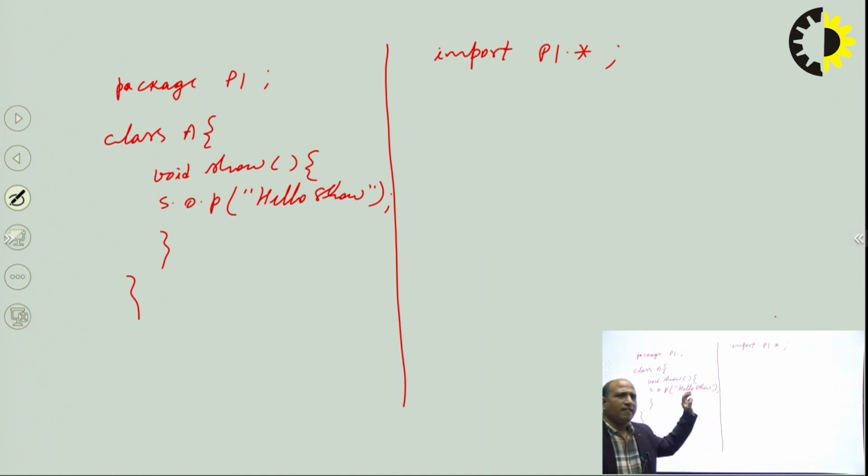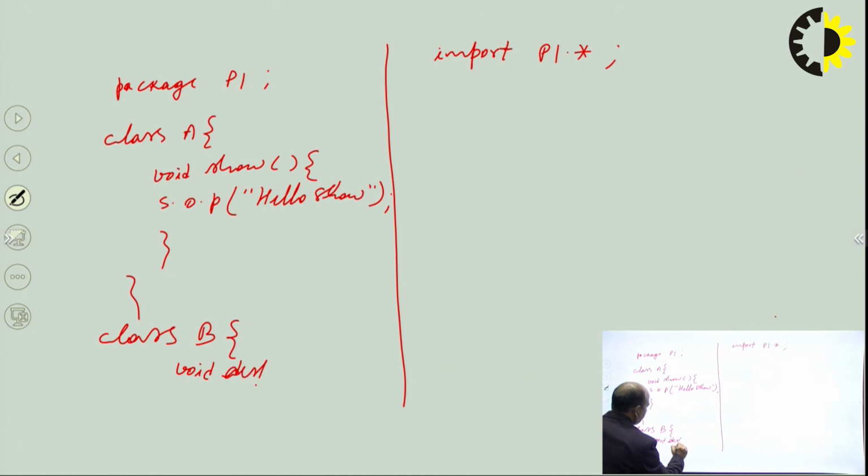And if I explicitly want only some of the members of the package to be imported, let's say this package has another class also. I have another class B in this package, and in this class B there is a function named display, and display is doing something.